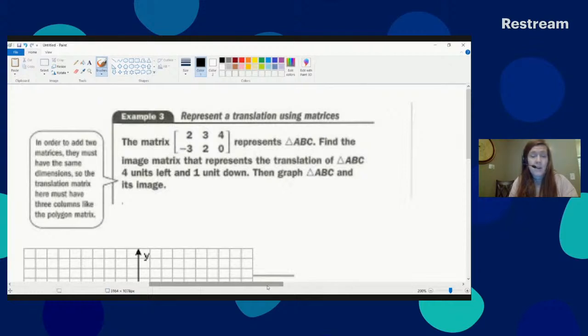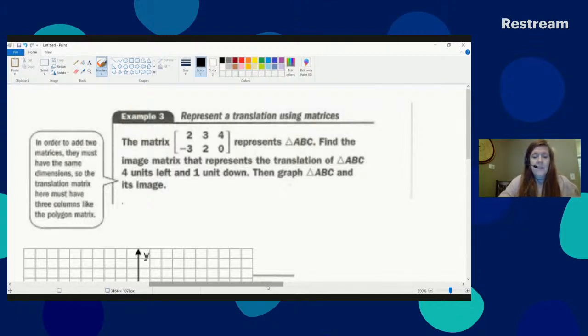We also talked about using a vector, where we had the vector notation with the two brackets around it to represent that. So another way that we could talk about a translation is to actually have a matrix and then use a translation matrix to figure out where the new points are. Okay, so we're kind of combining all this information we have.